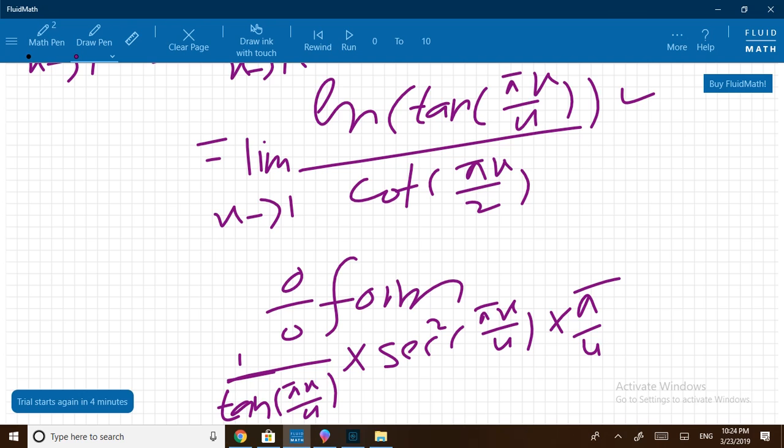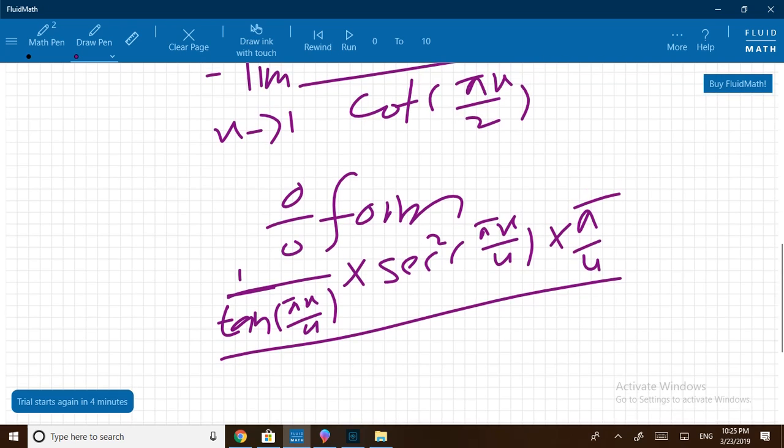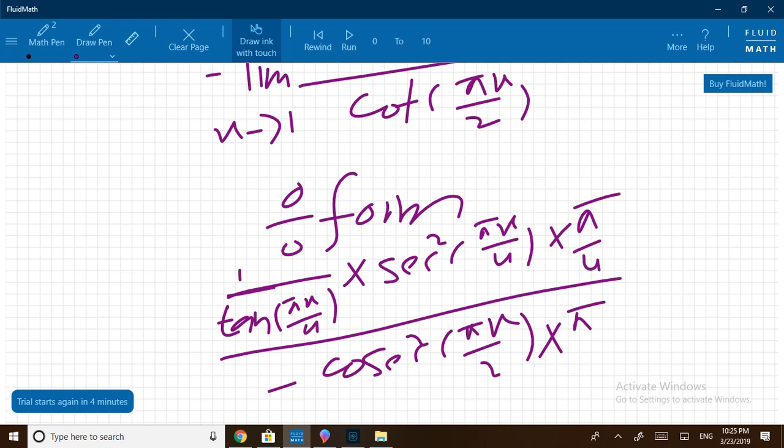And now we take the derivative of the denominator. The derivative of cot(πx/2) will be minus cosecant square(πx/2) multiplied by π/2, the derivative of πx/2, and our limit is x approaches to 1.